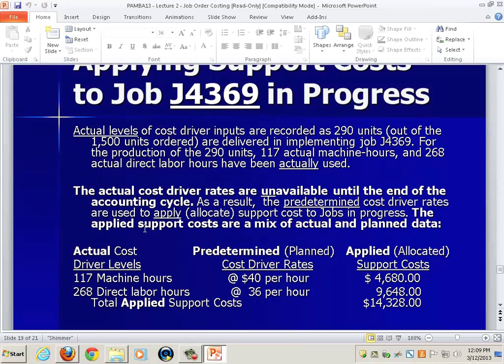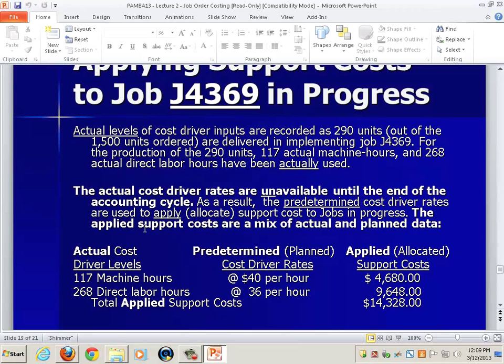We divided 4 million by 100,000, we got 40. But we still have to work with the 40 estimated because we don't have an actual number to substitute for it, because to have the actual number we would have to know the total cost of the machines for all the jobs for the entire accounting cycle. But we are just at the beginning, and we are just doing part of one job.